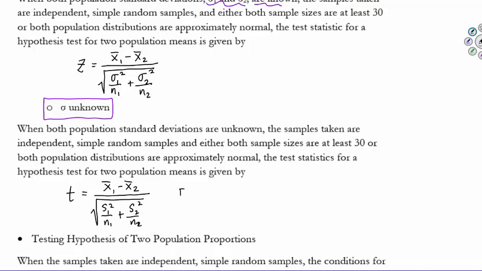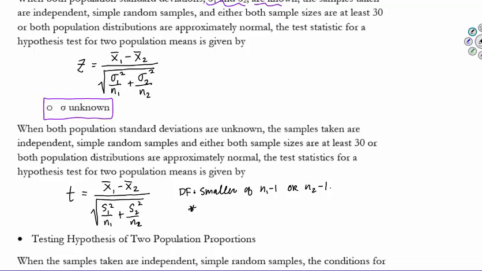To find the degrees of freedom for the t-distribution here, we simply choose the smaller of n1 minus 1 or n2 minus 1. So from the smaller sample size, we just be the most conservative that we can be.